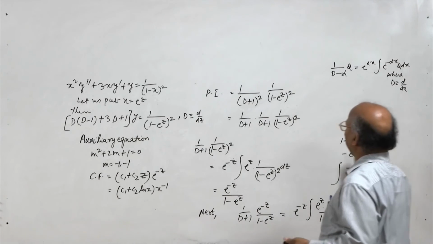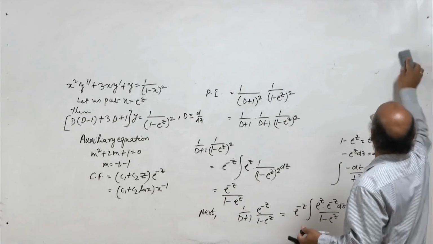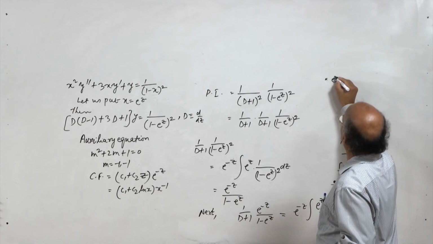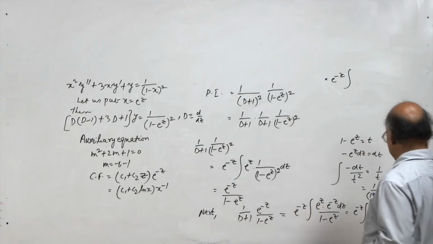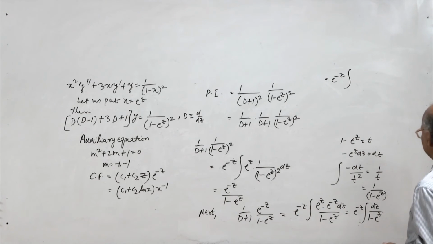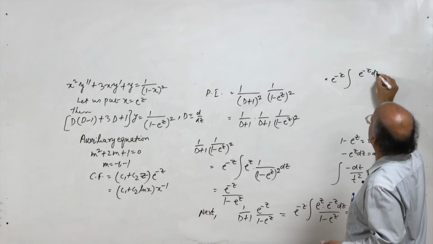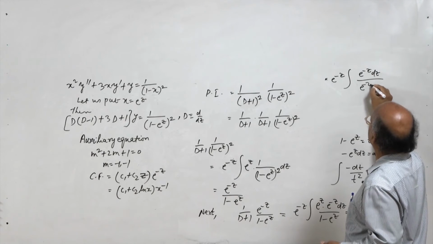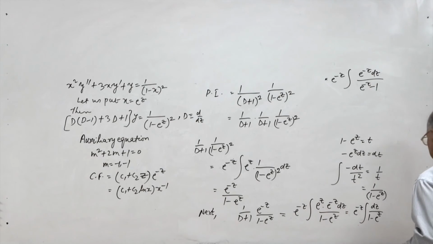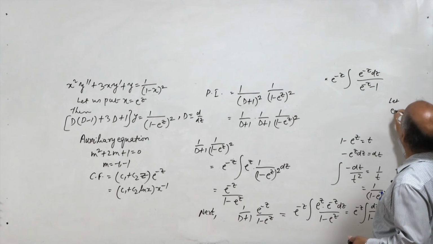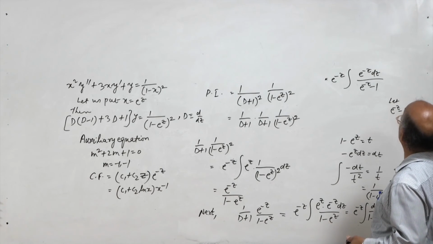Let us see how we find the integral here. So, we multiply by e^(−z) in the numerator and denominator and get e^(−z) dz divided by (e^(−z) − 1). Okay. Now, let us put e^(−z) − 1 equal to t.